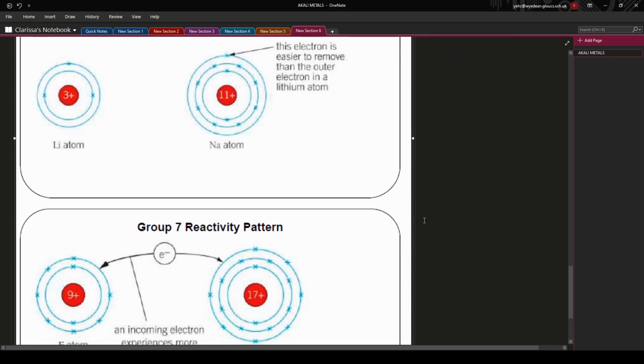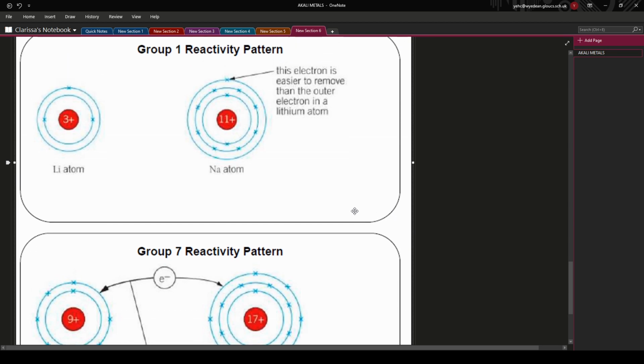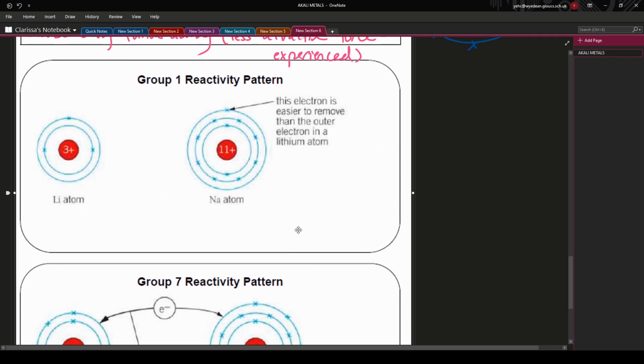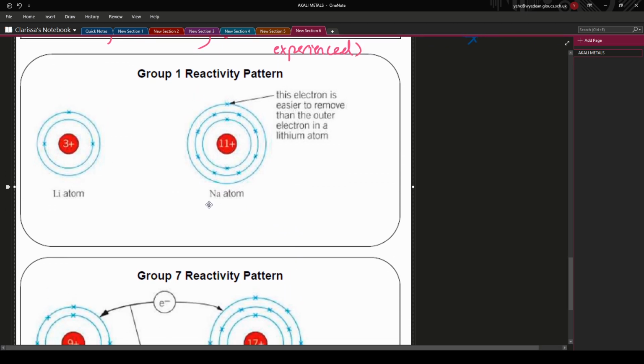So once again, this leads into our reactivity patterns, which is why it happens, why the alkali metals increase in reactivity as we go down the group, and why it's opposite for group 7, our halogens. When we have lithium, we have the smallest alkali metal.